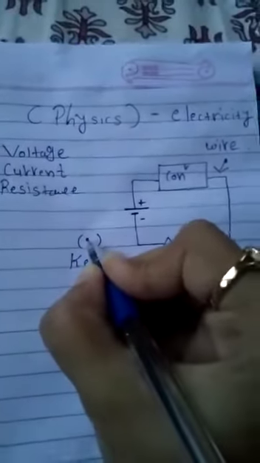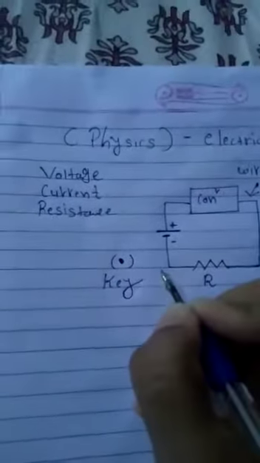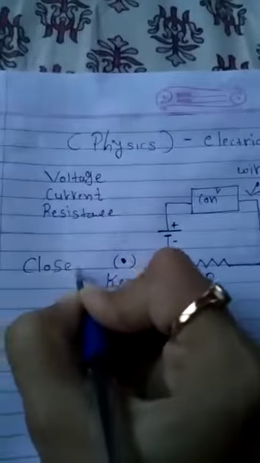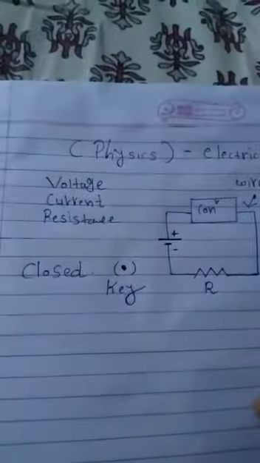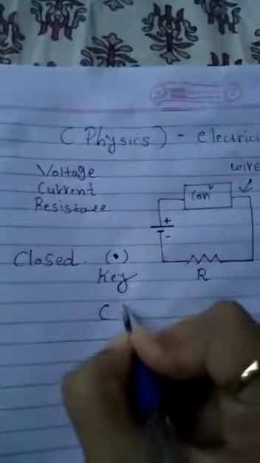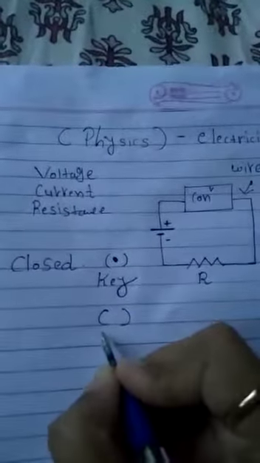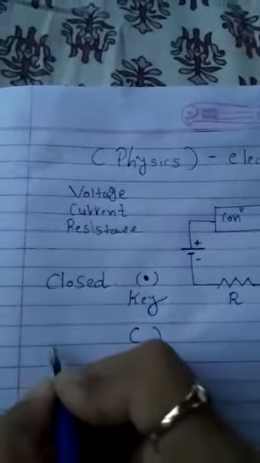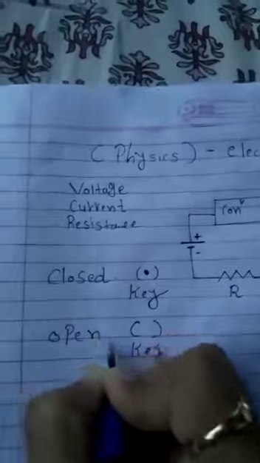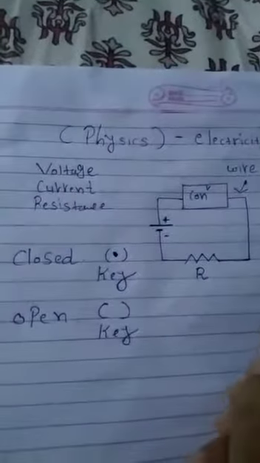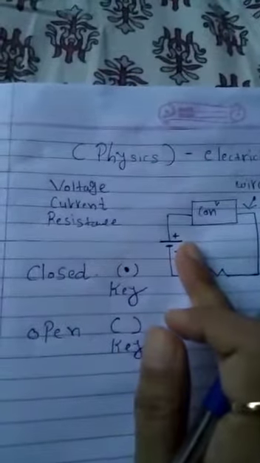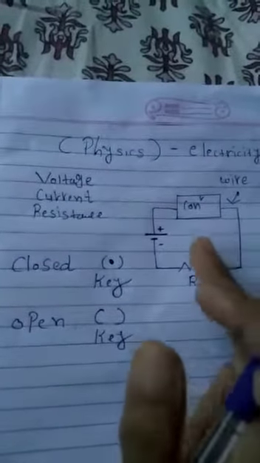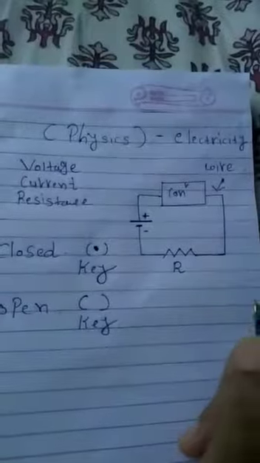The dot in the middle is a mention of closed. Without the dot, it's mentioned as open. Instead of a battery, what is it? A combination of cells, right?